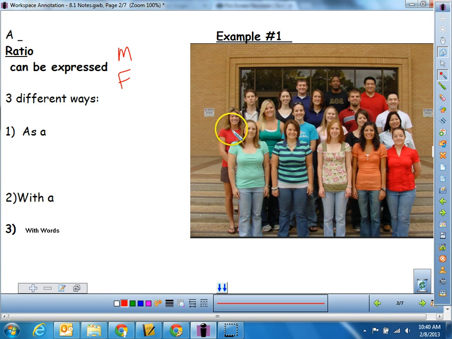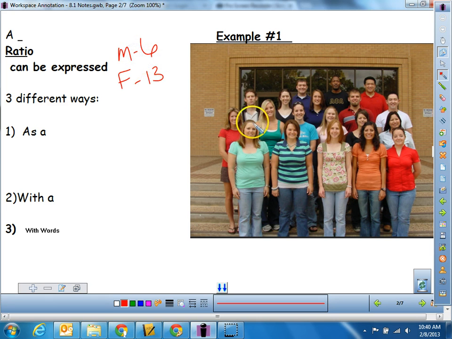Well, we've got 1, 2, 3, 4, 5, 6, 7, 8, 9, 10, 11, 12, 13 females is what I counted. And males, it looks like we have 1, 2, 3, 4, 5, 6 males maybe.